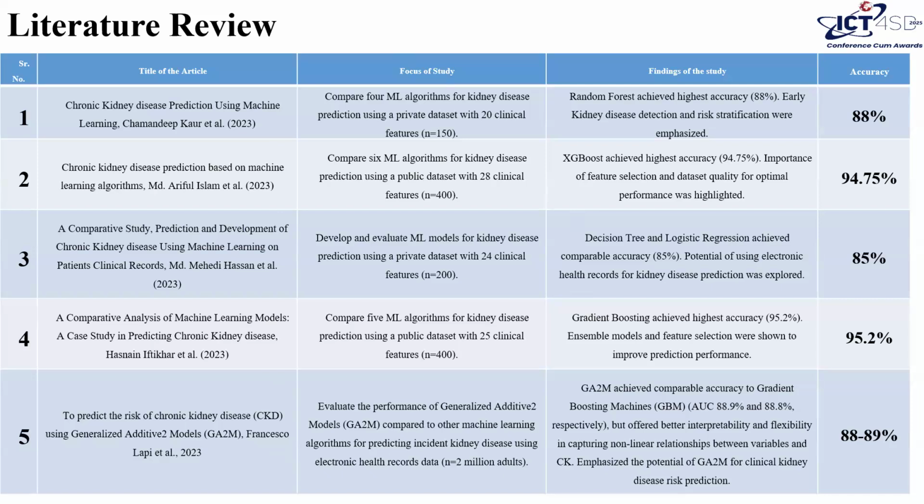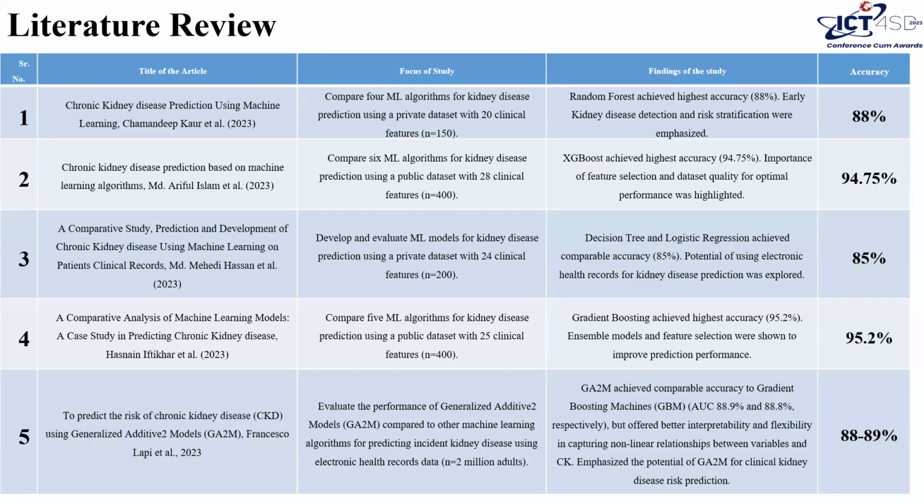Second is chronic kidney disease prediction based on machine learning algorithm. Focus of study, compare 6 ML algorithms for kidney disease prediction using a public dataset with 28 clinical features. Finding of the study, XGBoost achieves highest accuracy, 94.75%.